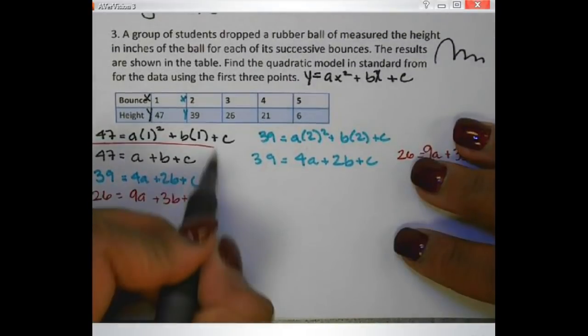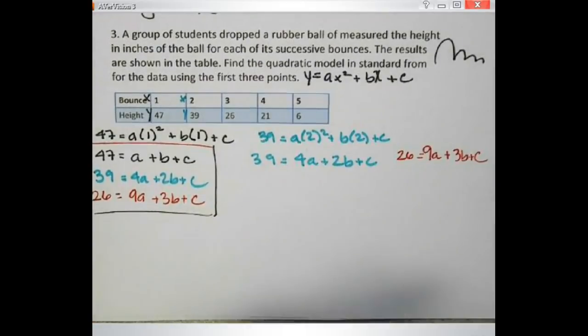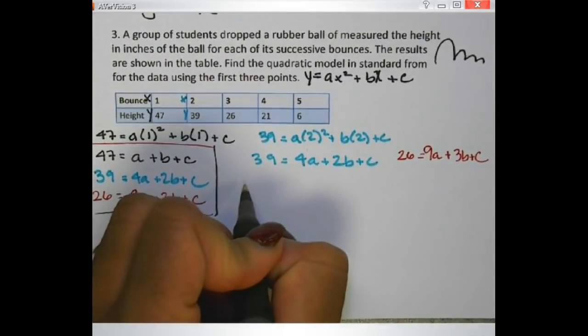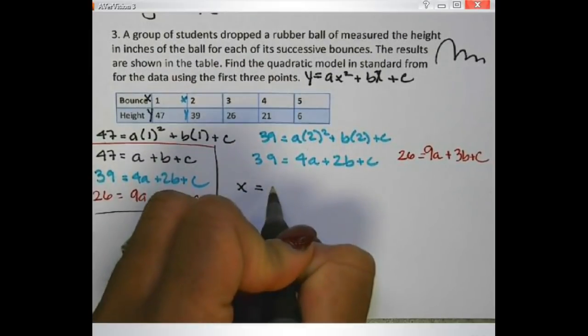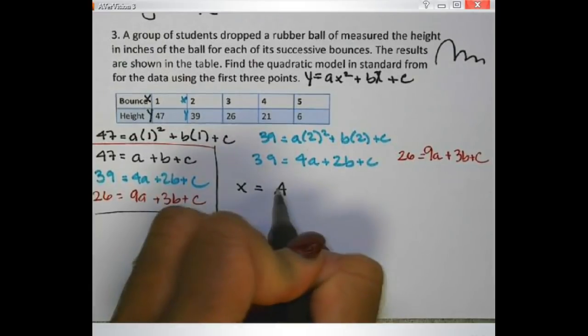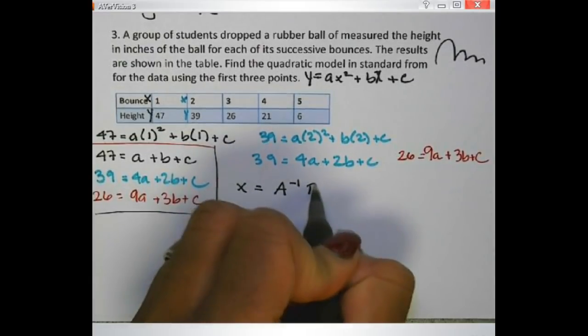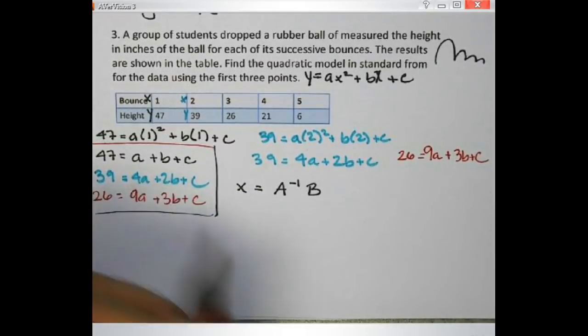When we're solving a system with 3 variables, we use this equation. My apologies. X, the matrix X, that's your coefficient matrix, is equal to A inverse times B. B being my solution matrix and A being my coefficient matrix.